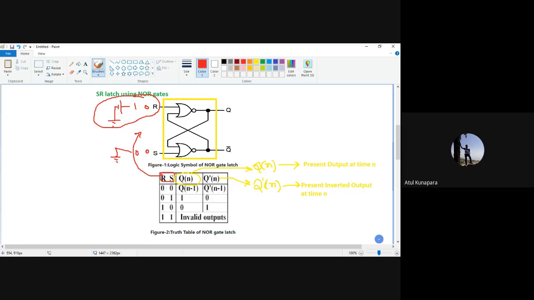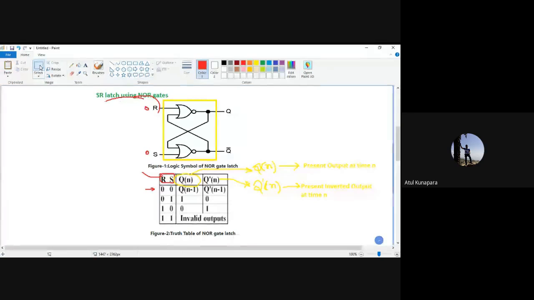Okay, so the first condition which I am taking here is when your R and S both are 0, 0. When your inputs R and S both are 0, 0, what will be the output?